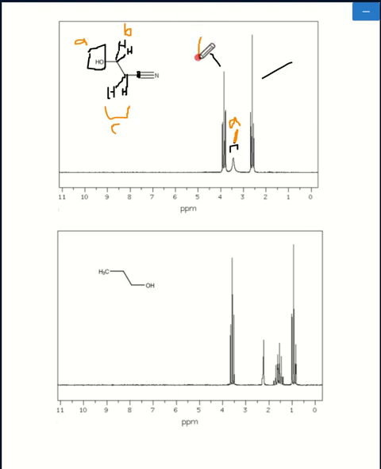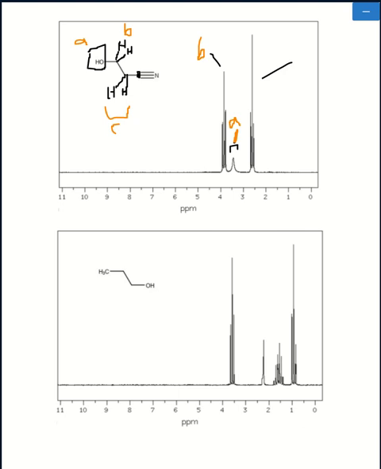Therefore, being nearby an alcohol causes those hydrogen to become more de-shielded. And if something becomes more de-shielded, then the peak for those hydrogen environments gets moved downfield, more to the left.